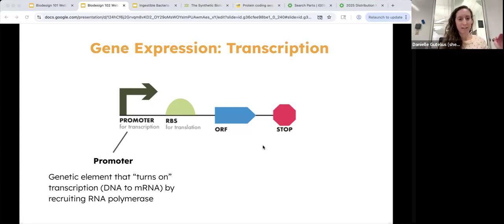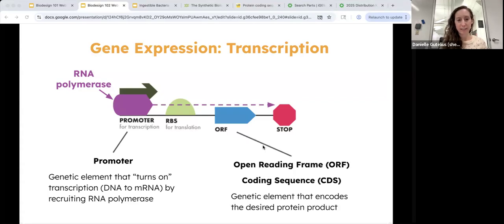That's the element that indicates this is where the instructions start to make my protein. It functions by recruiting the RNA polymerase molecule to the gene of interest. So it'll attach at the promoter sequence, read that DNA and produce mRNA. Copied onto the mRNA is going to be your ribosome binding site and your open reading frame or coding sequence, which will code for your protein product.